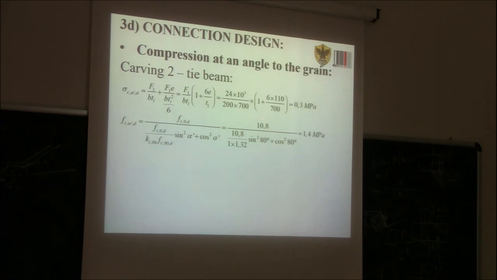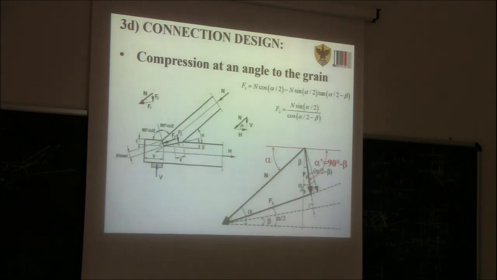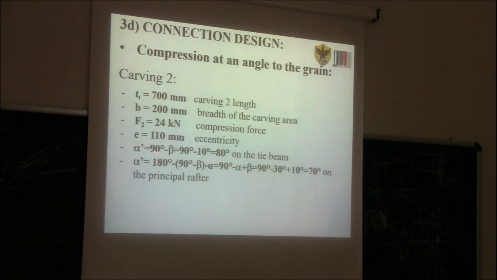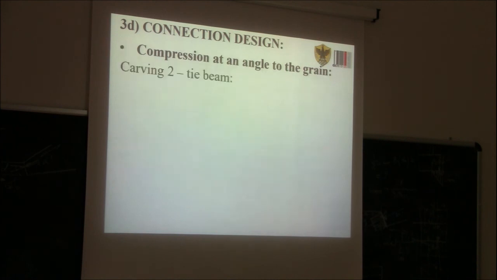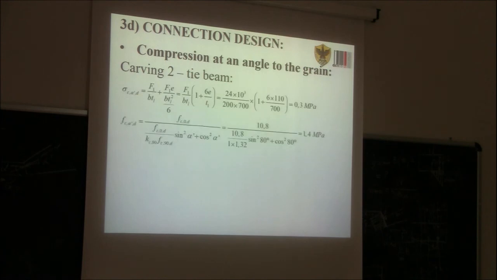So alpha prime for the tie beam is this value that we found before. To go back, alpha prime is 180 minus 90 minus beta minus alpha, so we get basically 70 degrees. And 80 degrees. So 80 degrees on the tie beam and 70 degrees on the rafter.